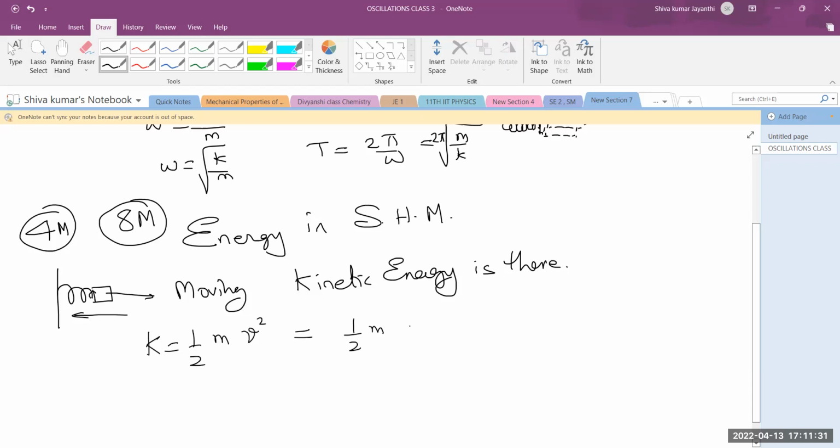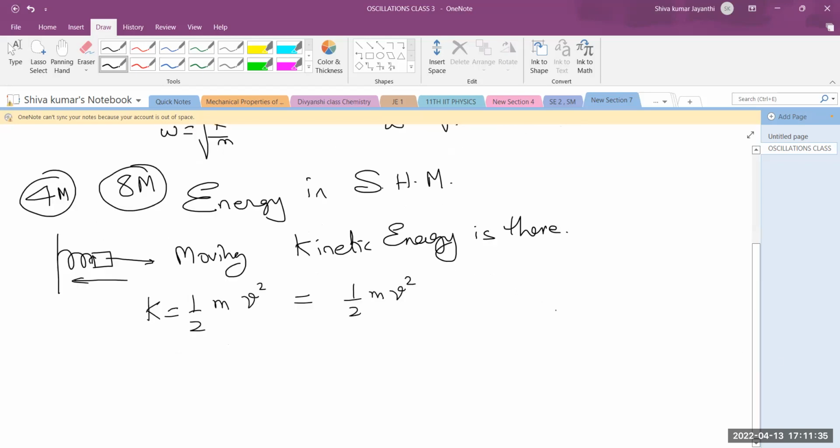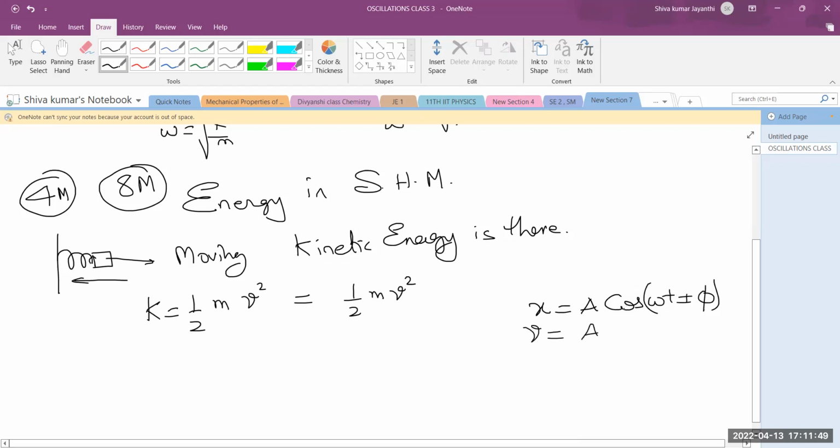I will derive it again for you. Yesterday we wrote x is equal to A cos(omega t plus or minus phi). And then we wrote velocity V as the differentiation of this; velocity is defined as dx by dt.